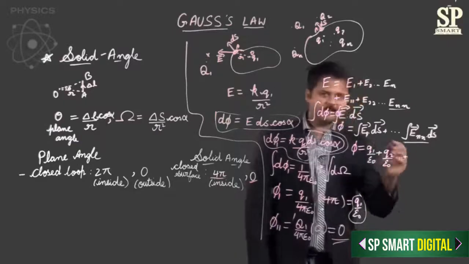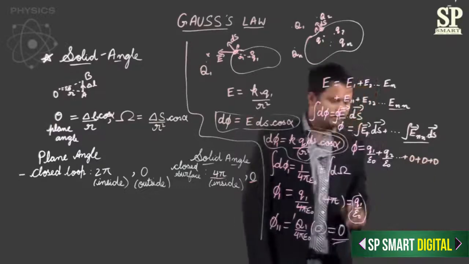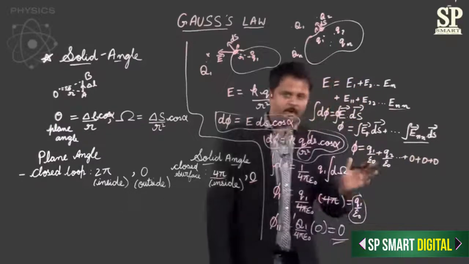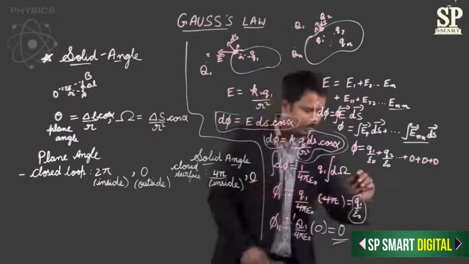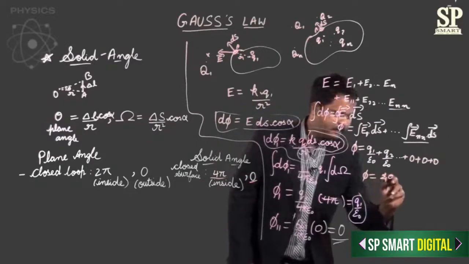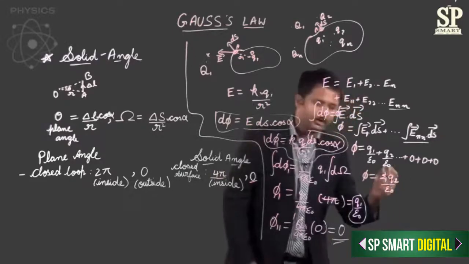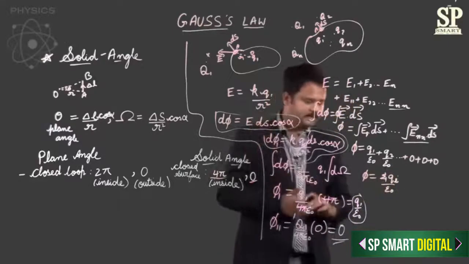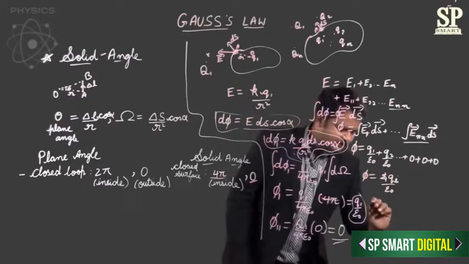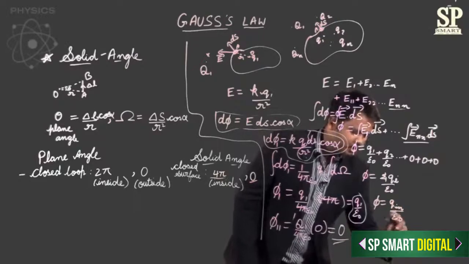For all the external points, I will have to write zeros. So if you sum it all up, or summarize this result, what you get is phi is equal to summation of Qi upon epsilon naught, where Qi are the internal charges. Another way of writing it is phi is equal to Qin, or enclosed charge, upon epsilon naught.